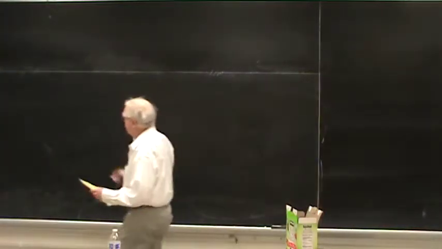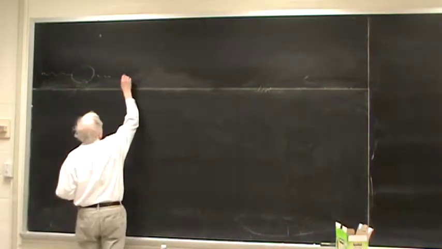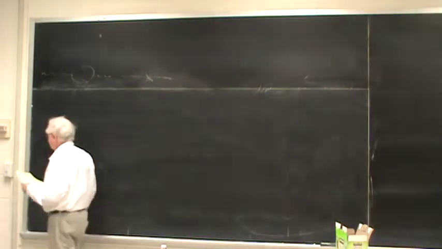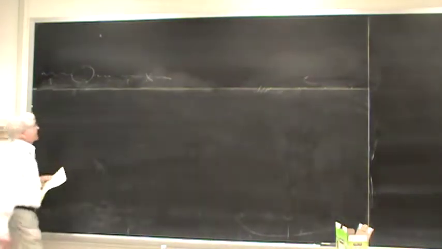So let's see, maybe I'll use this other board a little bit. So what we've got, if we think in the conventional terms with counter terms, we've got the photon propagator like that.